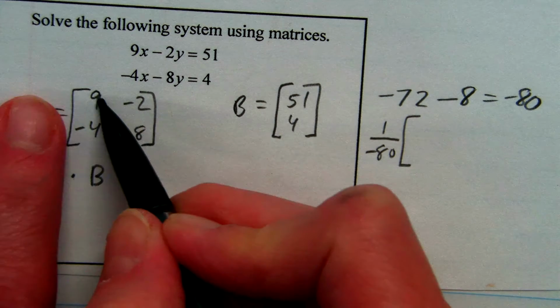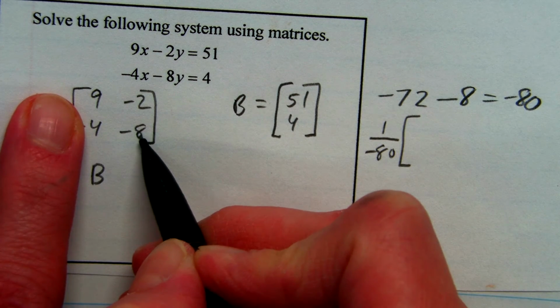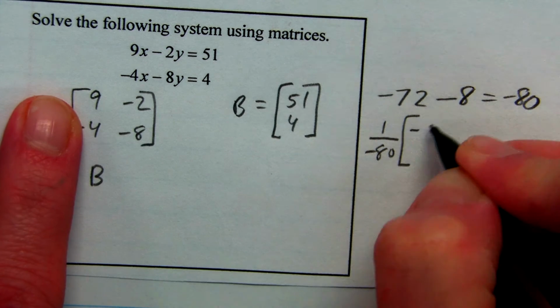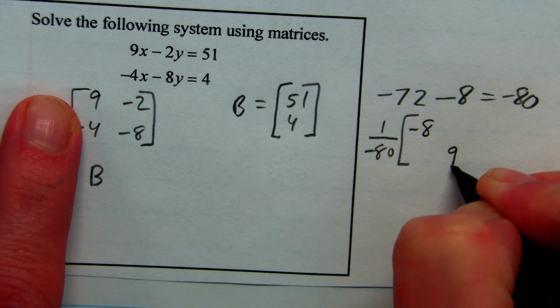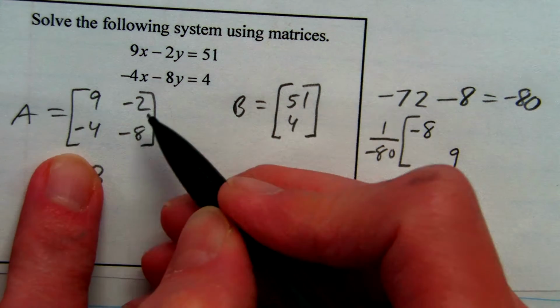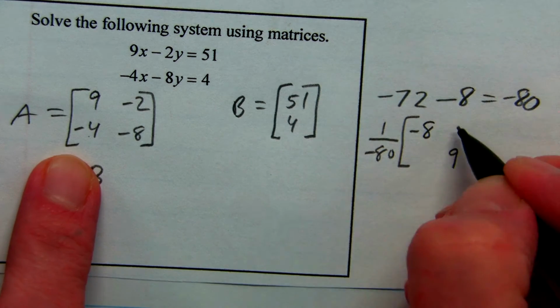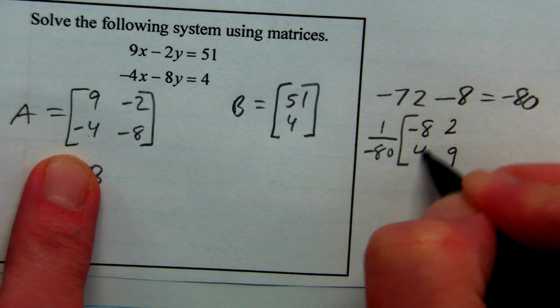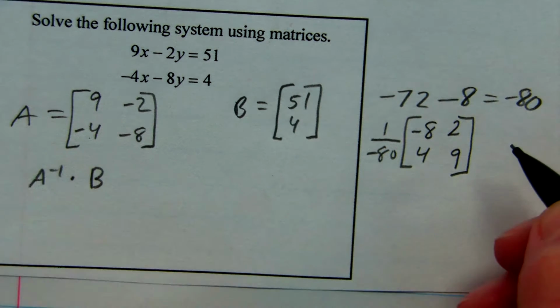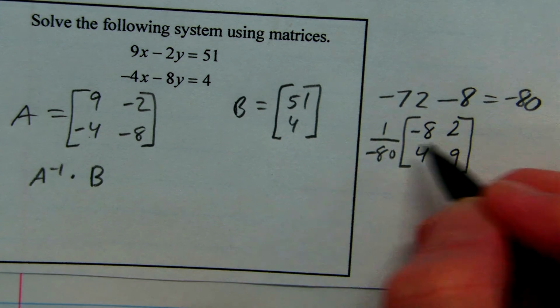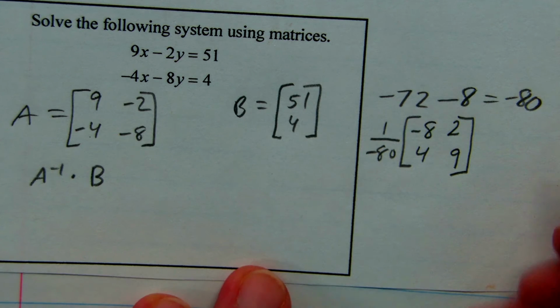And then we switch the 9 and the negative 8. We're not switching signs, they are switching places. So the negative 8 goes here, the 9 goes there. And then we change the signs on the negative 2 and negative 4 to make them positive 2 and positive 4.